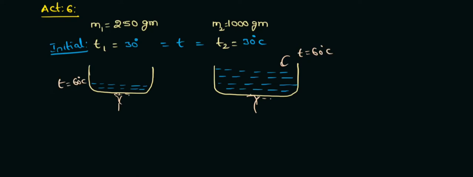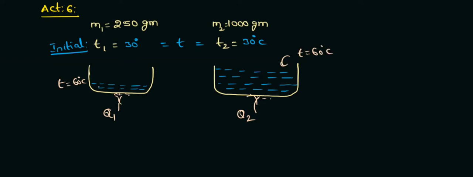That we must remember. For the first one you are giving Q1, for the second Q2, the amount of heat given to the substance to raise the temperature to 60 degrees Celsius.